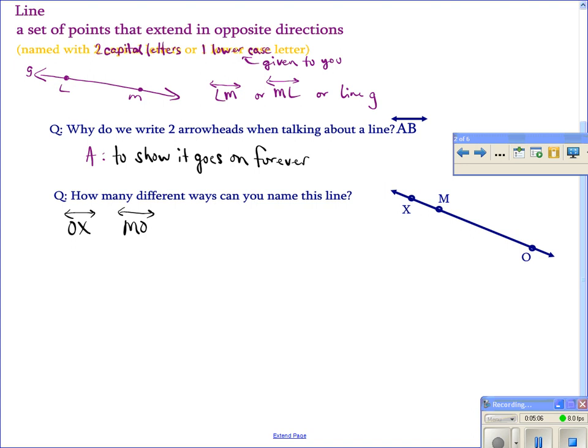4 more. New people. 3 more. X. Yep. And somebody new, give me the last one.